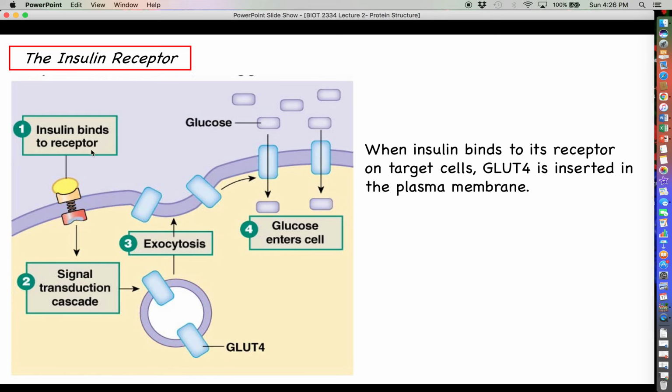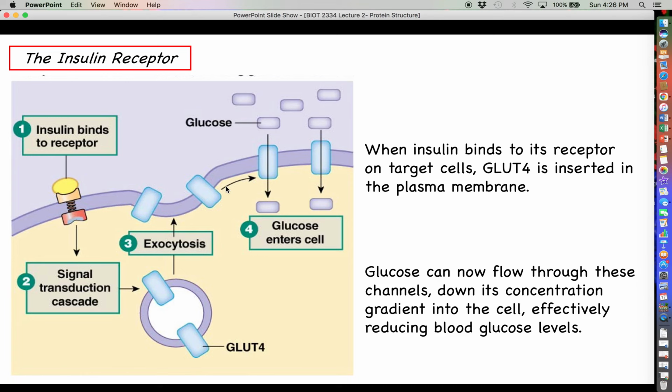However, when insulin does bind to the insulin receptor, this is going to precipitate a cascade of signaling events inside the cell that basically is going to result in these GLUT4 channels being inserted into the plasma membrane, so they can now do their job and allow that glucose, which is out here in the bloodstream, to enter into the cell where it can be used for creating energy that the cell needs.